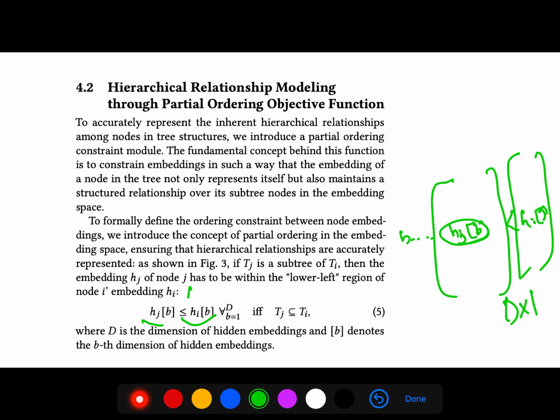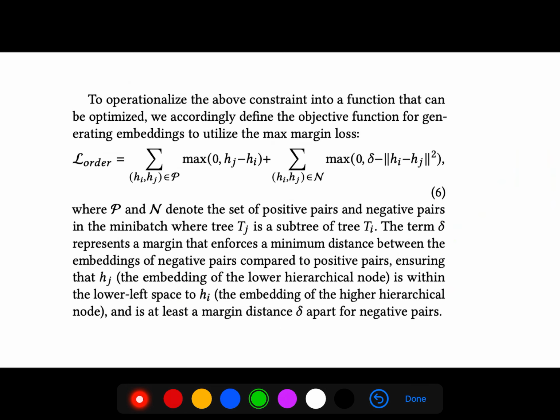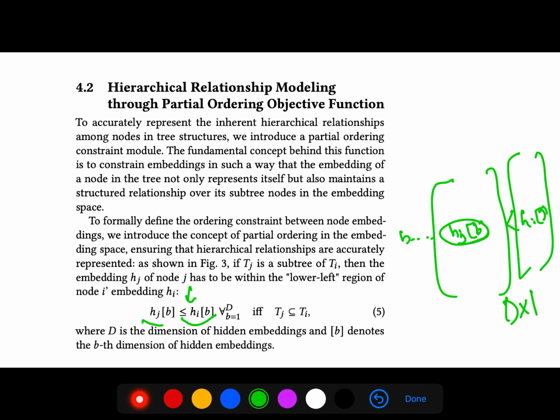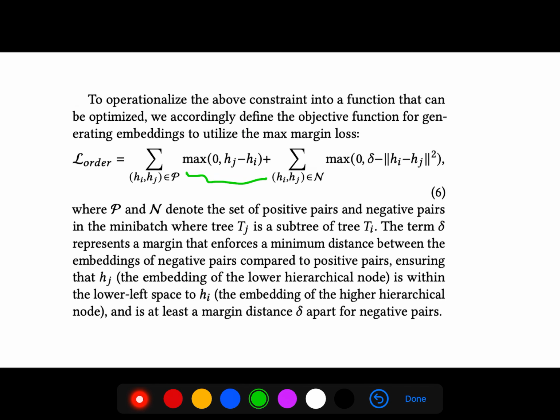Because we want to preserve this information, why not use it explicitly in the loss? Because if we say this, it is enforcing H sub j to be less than H sub i, then this one becomes negative and the maximum is 0.